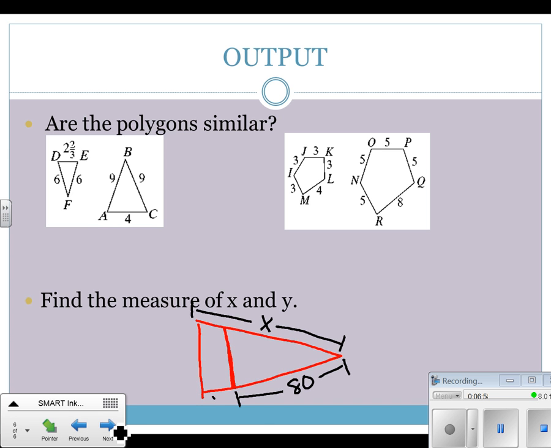We're going to say that this distance is Y. We're going to say that this distance is 20 from here to here. We're going to say that this is 40 and this is 50. So I would like you to find X and Y.